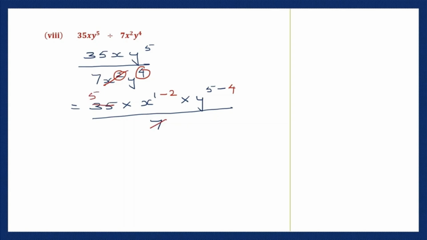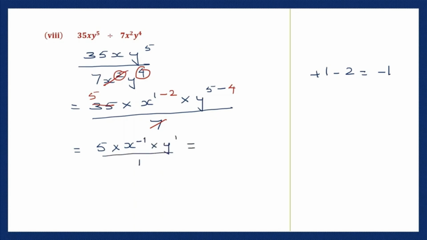So what do we have in the next step? We have 5 into x to the power of 1 minus 2. So plus 1 minus 2. Signs are different. Put the sign of the bigger number and subtract. 2 minus 1 is 1. So now we have minus 1, into y to the power of 5 minus 4 is simply 1. And in the denominator we have 1.